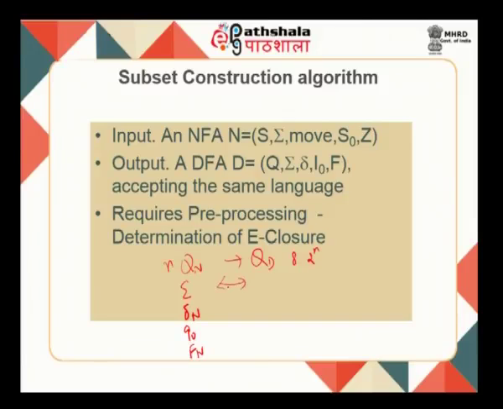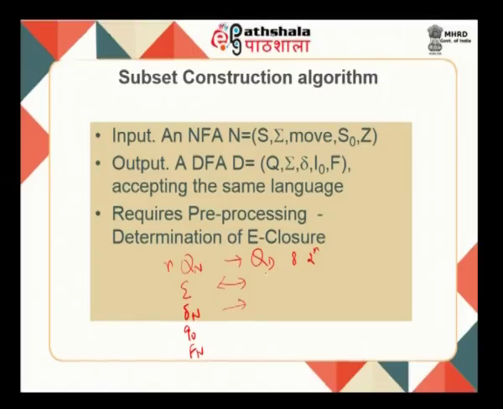Sigma is the same, because both are going to cater to the same language, and from delta n, I have to get delta d. So, delta d for a particular state q on an input symbol a can be thought of as delta n cap of q comma a, that is treating this as a string.